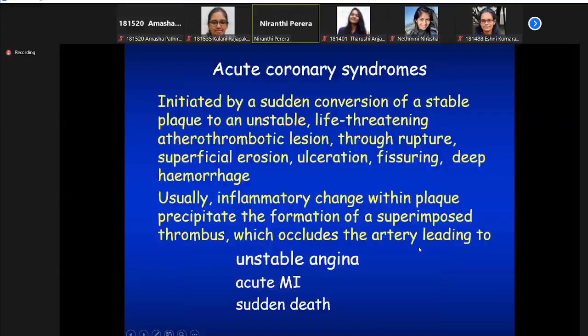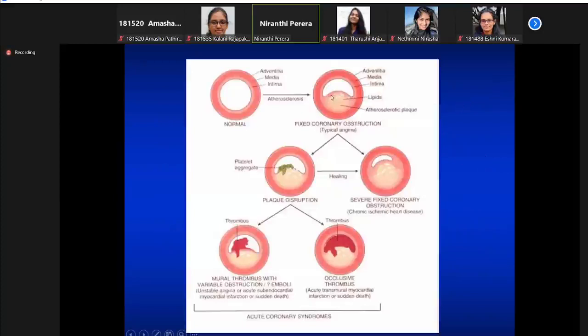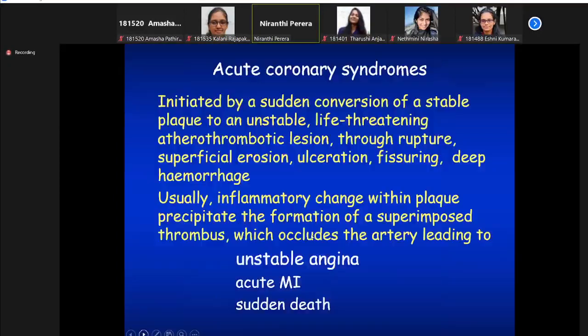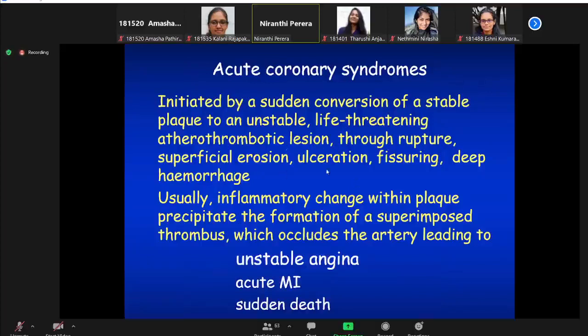So, okay, what are acute coronary syndromes? These are initiated by a sudden conversion of a stable plaque to an unstable plaque. So here's a stable plaque, here's an unstable plaque where it disrupts, and therefore you can get a thrombus forming. So a life-threatening atherothrombotic lesion through rupture and erosion.